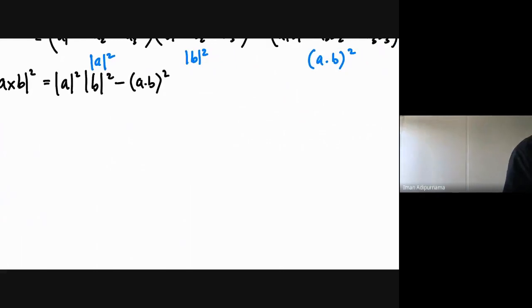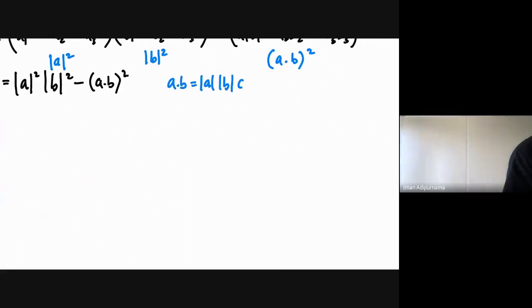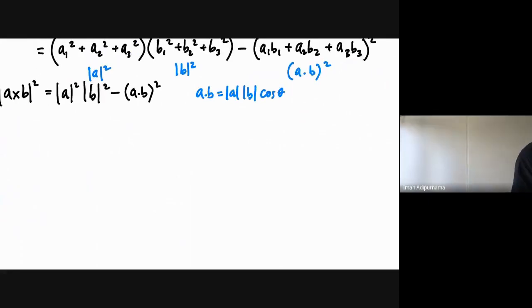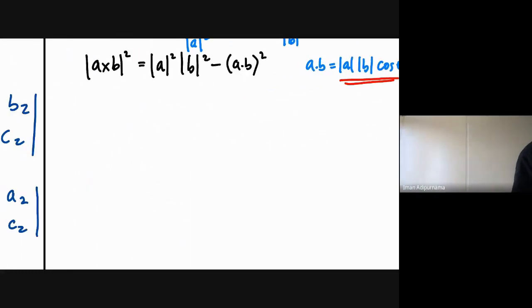Now remember that A dot B is the length of A and B and then cosine, right? Let's replace the A dot B with this cosine.